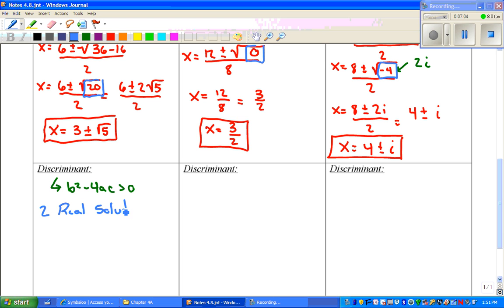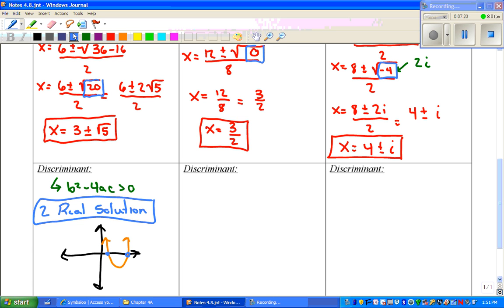With two real solutions, my graph is a parabola that crosses the x-axis and creates two intercepts. That's two real solutions right there.